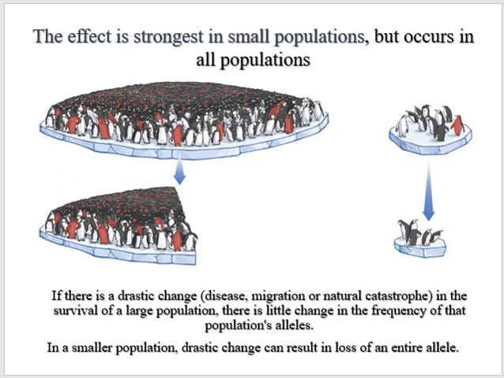And you may not instantly recognize why that is. So consider taking a small sample of individuals from a large population, right? So we have this giant little ice island of penguins. We're going to break it in half.